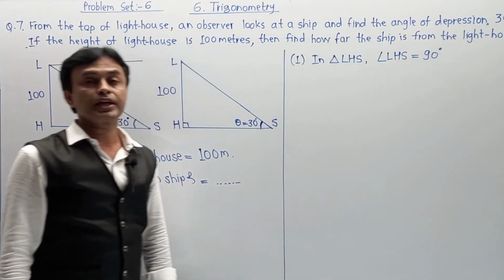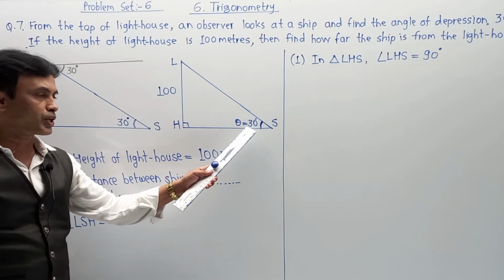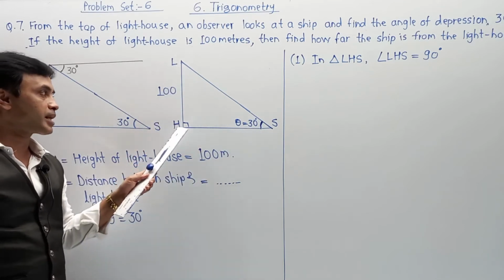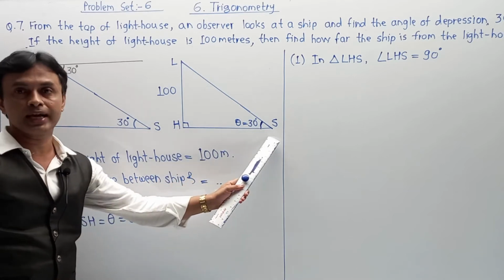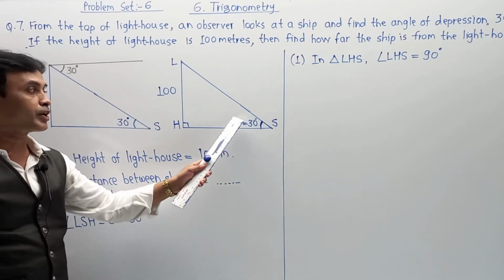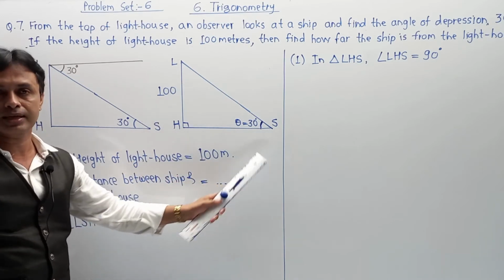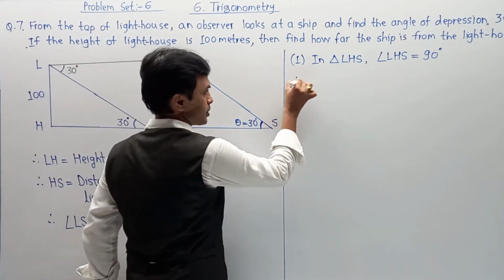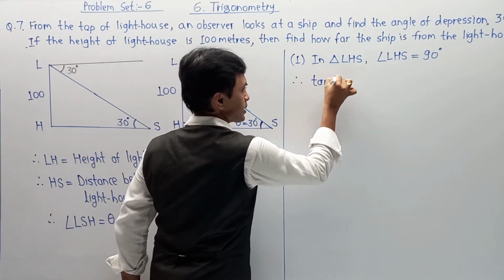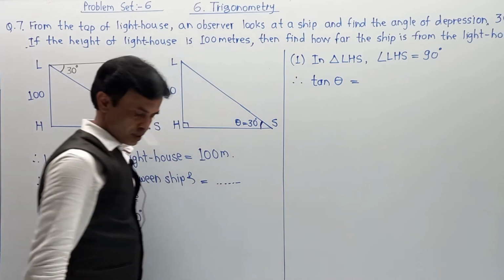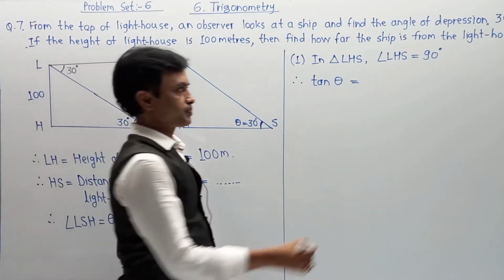Now definitely we can use all the properties of trigonometric ratios. No doubt our theta is over here. The opposite side, LH, 100 meters, is available and we are interested in finding HS. In that case we have to use tan theta, that is nothing but opposite side upon adjacent side. So tan theta is equal to, according to this diagram, LH upon HS.